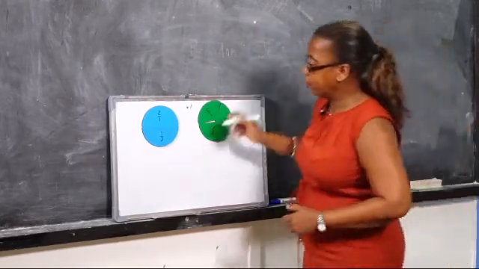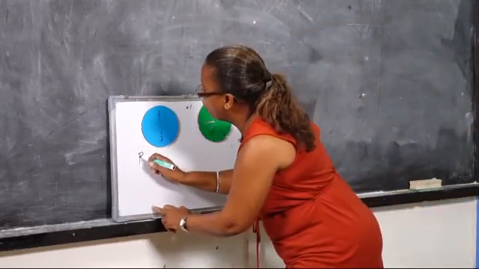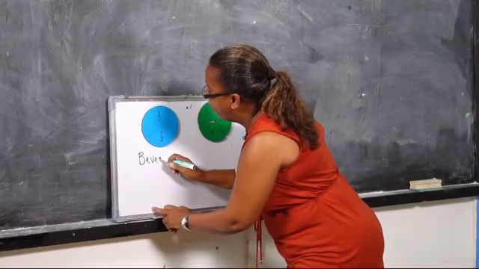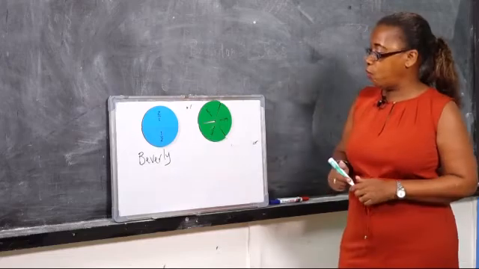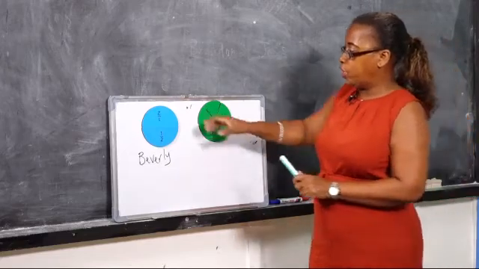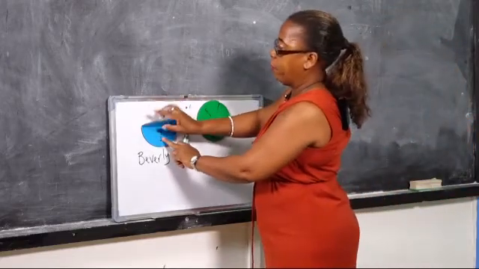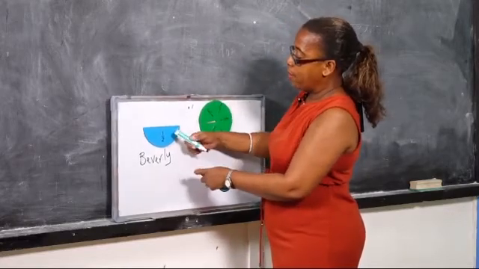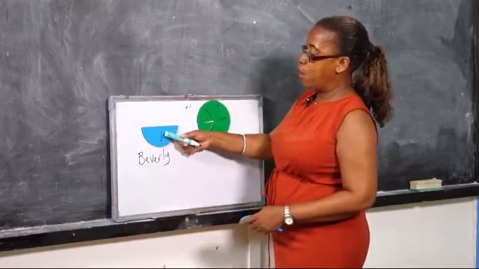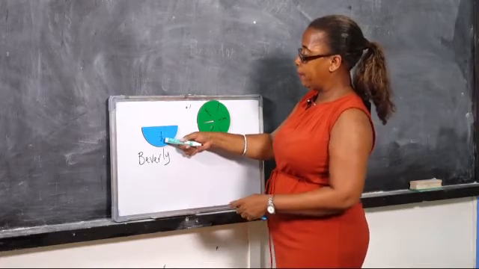So Beverly was given 2 pieces of chocolate. She ate half of it, 1. Therefore, she ate 1 half, 1 out of 2. Okay?